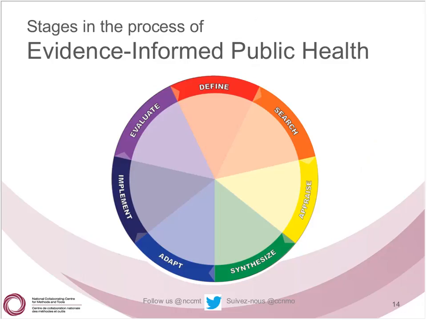There are 7 stages in this process, and for the remainder of the webinar, what I'll be doing is looking at methods and tools for each of these steps so that you can then walk yourself through those processes and make evidence-informed decisions in public health or perhaps in mental health if that's the field that you're working in. So more to come on each of these stages in the process.